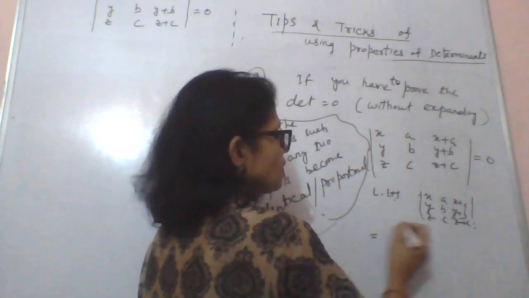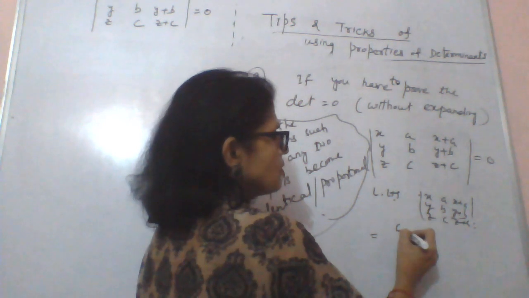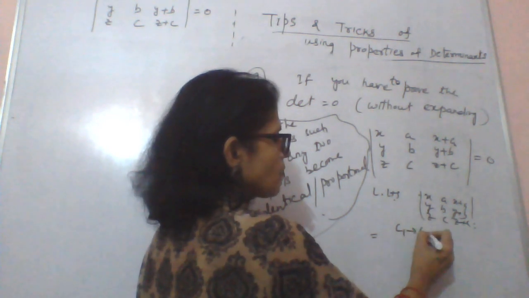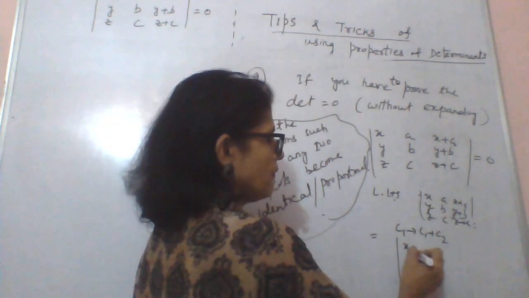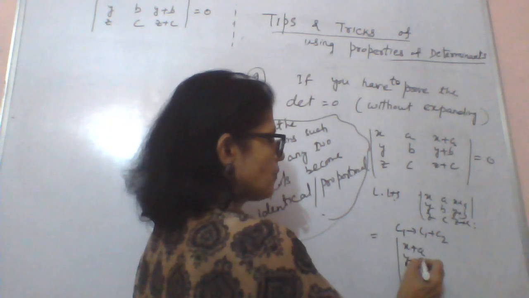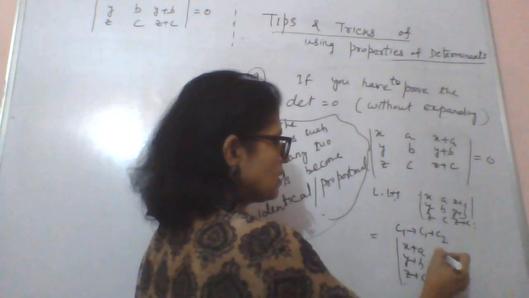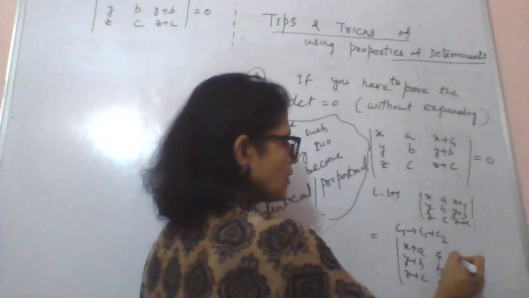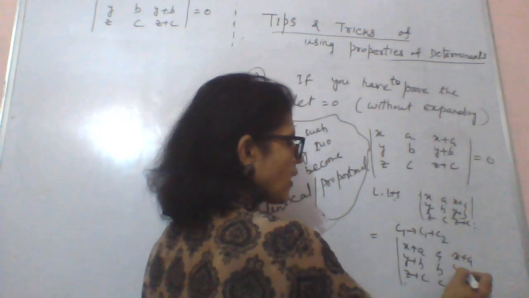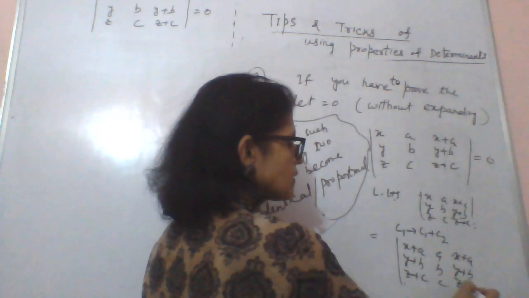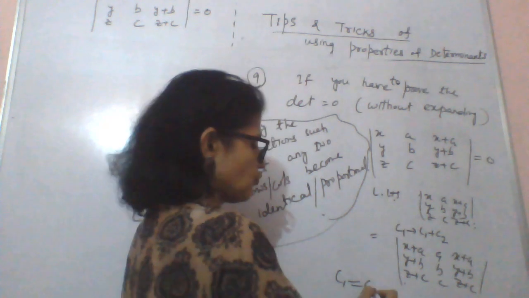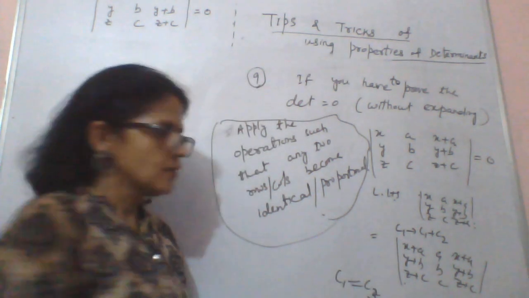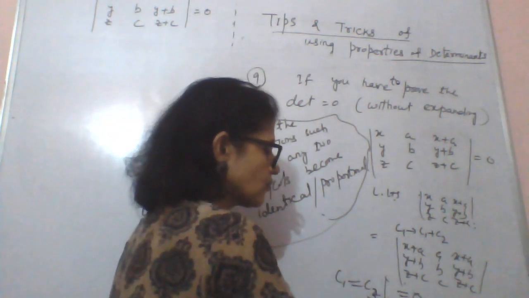If I write c1 replaced by c1 plus c2, now I am getting x plus a, a, x plus a; y plus b, b, y plus b; z plus c, c, z plus c. So here you see c1 and c3 are identical, so this is equal to 0, right?